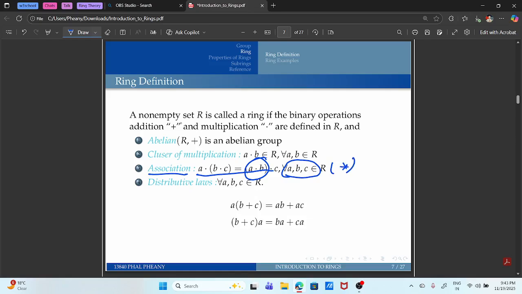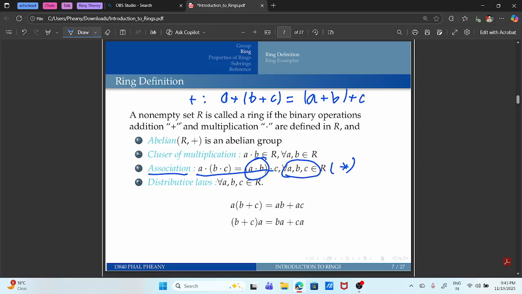How about addition? The associative law is also quite similar. Suppose we have elements A, B, C belonging to the same set, and associativity holds: A plus (B plus C) is equal to (A plus B) plus C, where we change the brackets.